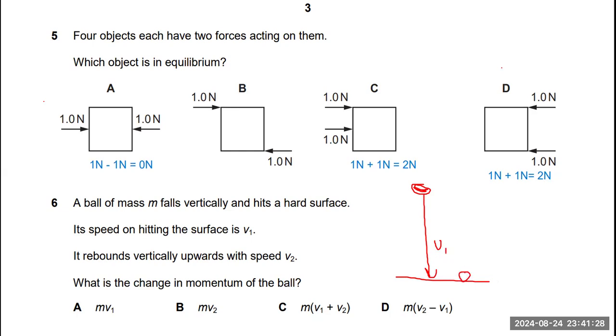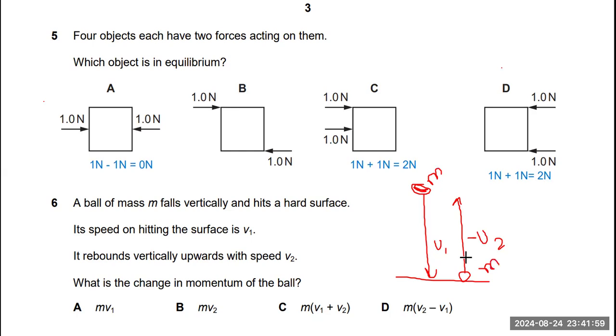It rebounds in upward direction. Remember, the velocity is in opposite direction, so you have to write the second velocity with a negative sign because the direction is reversed according to this one. The mass of the object is m. I will write here m, because the object is the same, so you don't need to write m1 or m2.